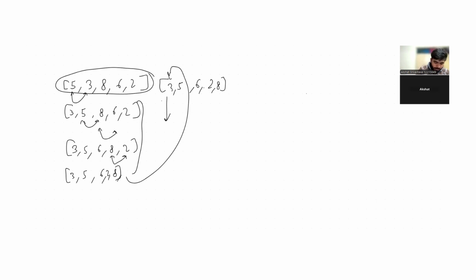Okay, so let's begin with our code. I will show pseudocode written in Java. So let's say for int i equals 1, i is less than arr.length minus 1, i plus plus. This is our first loop.